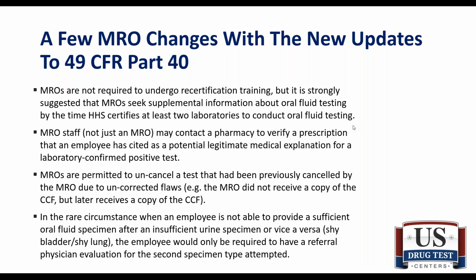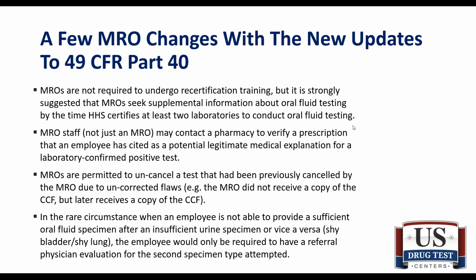So it's been clarified that they can uncancel the test if later on they do receive the proper paperwork, the proper custody and control form. So you could have a canceled test after 30 days, and then 2 weeks later, all of a sudden, you get a negative or you get a positive because the MRO finally got their paperwork.